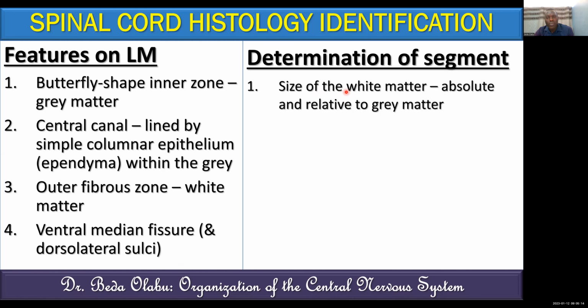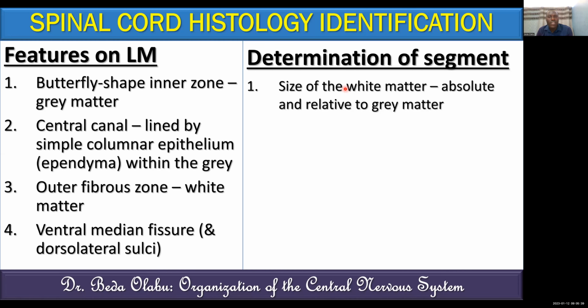Now, white matter will be more in the upper cord segments compared to lower cord segments for a simple reason. The upper cord segments have all of them, or have already received or yet to give out all of them. But the lower cord segments will be lacking them because a number have already terminated in various segments.